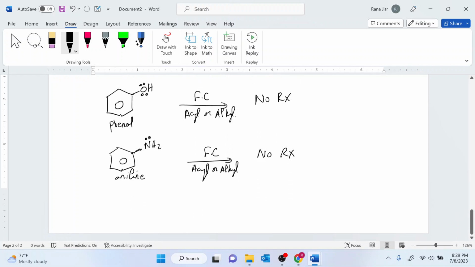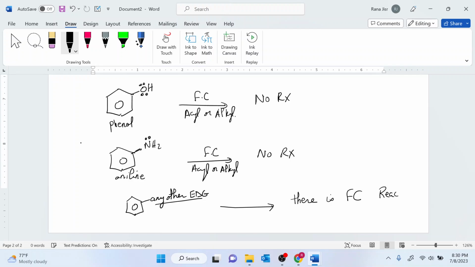Other than that, if you are starting with a benzene and any other electron donating group, doesn't matter what that is, any electron donating group other than the OH or the NH2, then there will be a reaction. There is a Friedel-Crafts reaction, Friedel-Crafts acylation and alkylation.